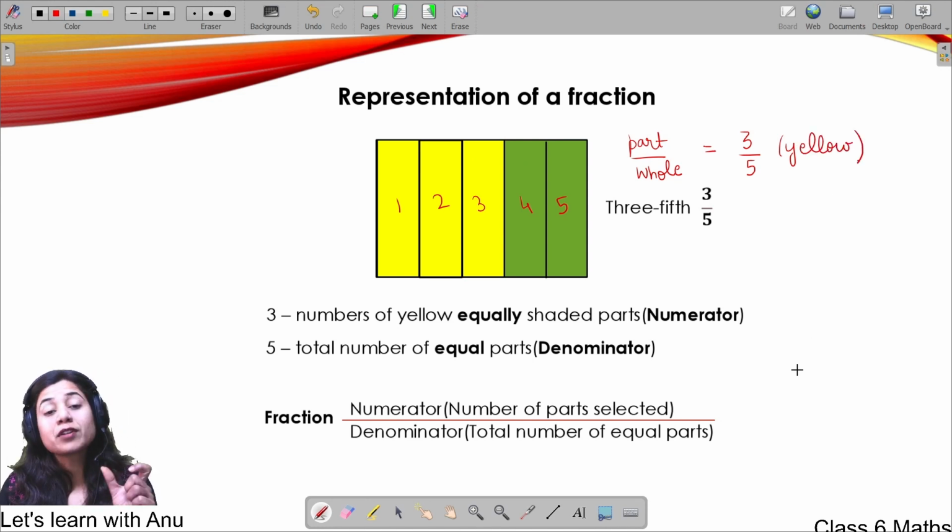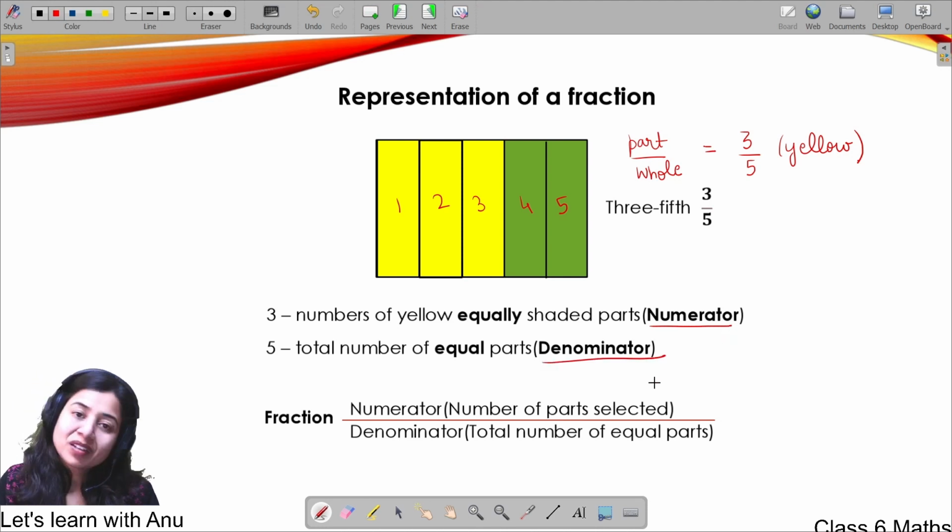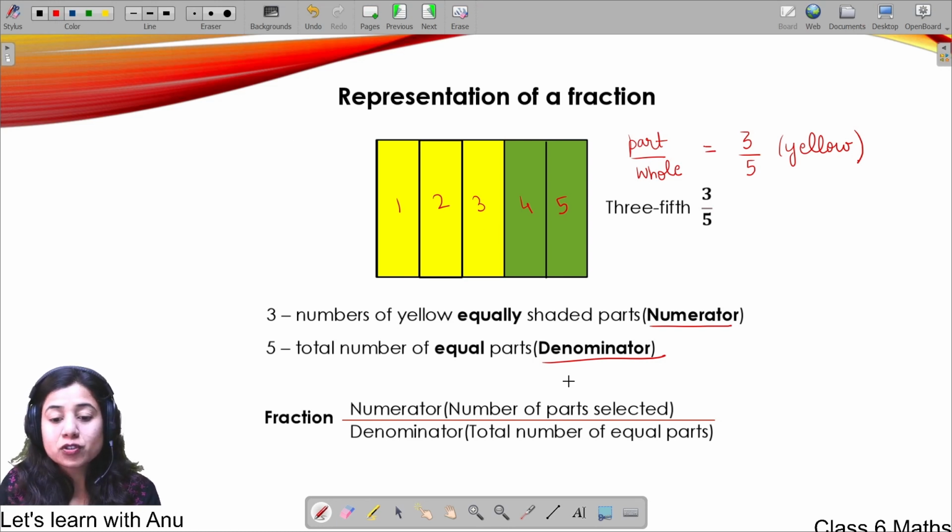Right? So we have given some special names to them. The number that we are writing above the line is known as numerator, and the one that we are writing below the line is known as denominator. I hope everyone is clear about it. So D for down, you can memorize it like this also: D for down and D for denominator.